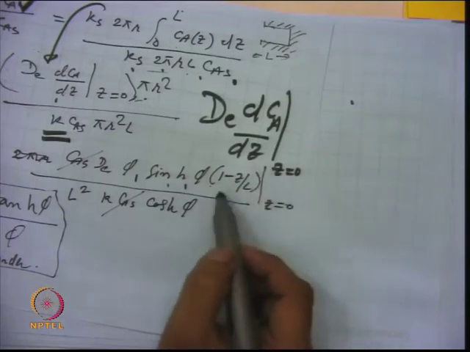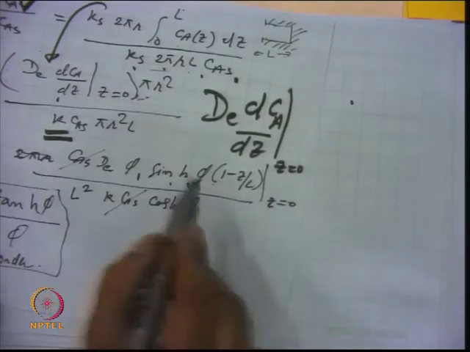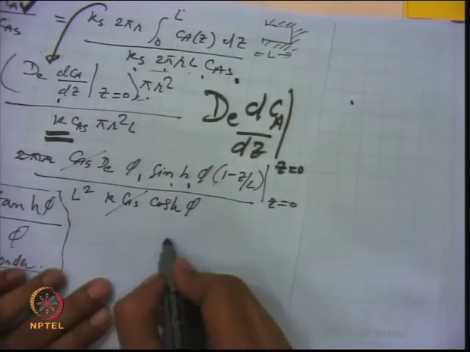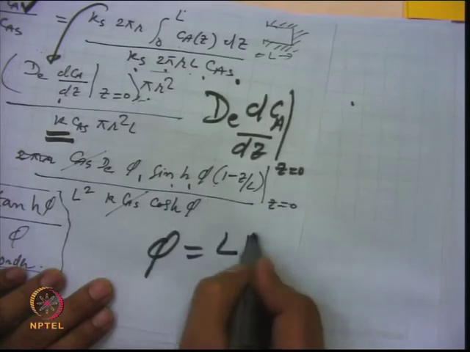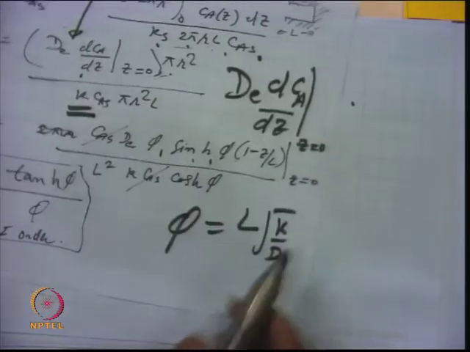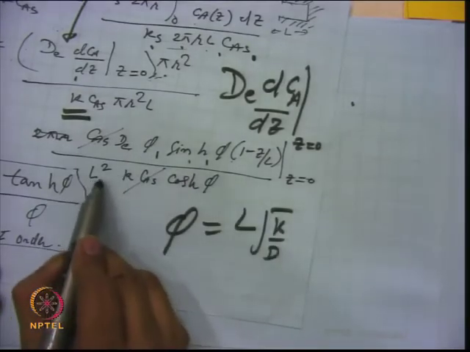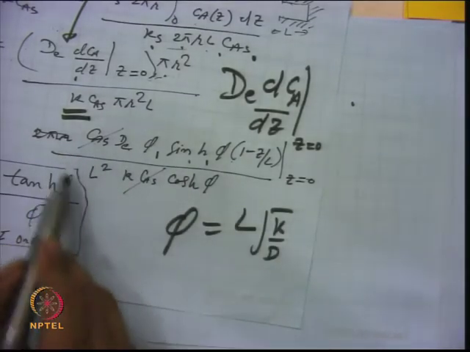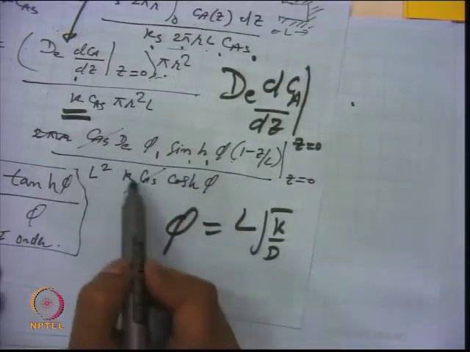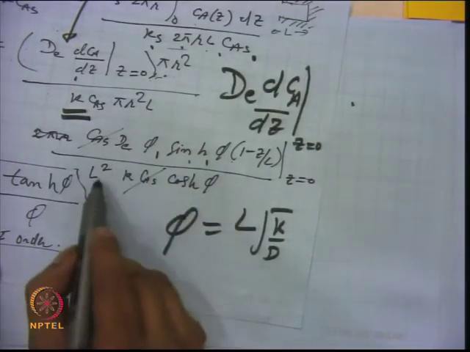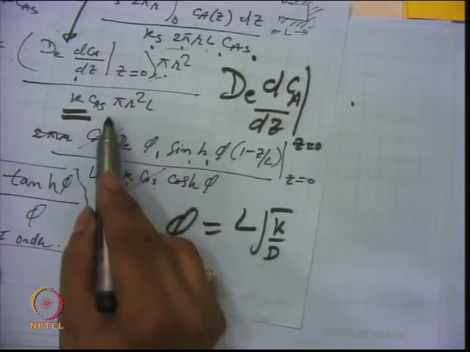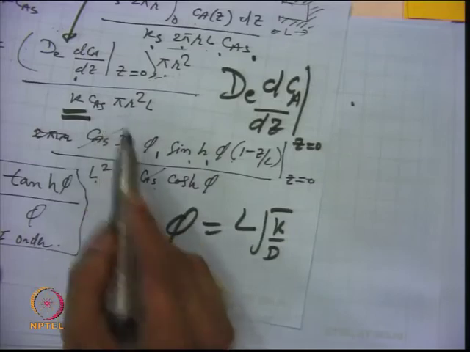So this vanishes out, and the other terms which are written, I would like to write them in the form of L under root of k by D. So phi square is L square k by D. We have just introduced the term, multiplied and divided by L. So L square k Cs divided by D, and one Cs here also in the numerator, so cancel.